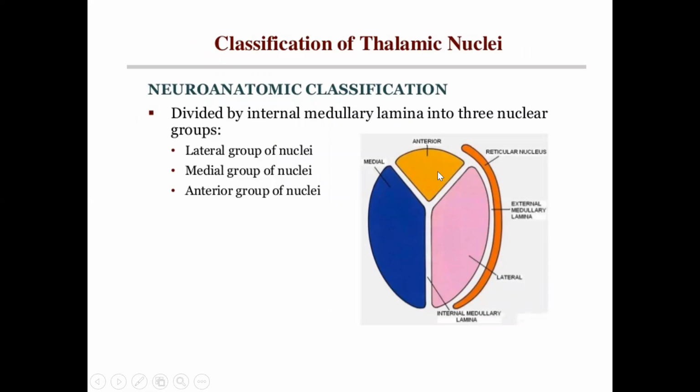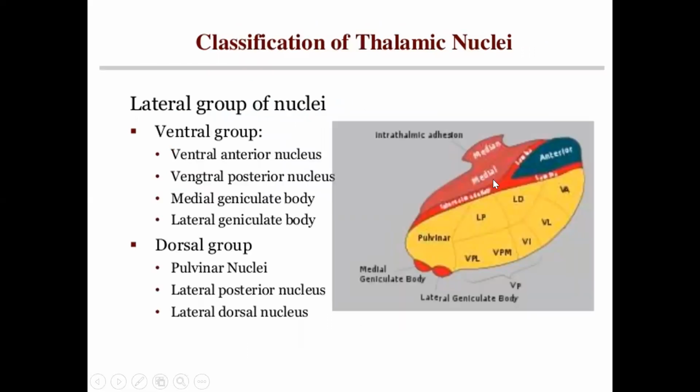So you can have this neuroanatomical classification. This is anterior, this is medial, and this is lateral. In the lateral group, ventroanterior, ventrolateral, then ventroposterior medial, ventroposterior lateral, and medial geniculate body and lateral geniculate body. Then in the dorsal part, the pulvinar group of nuclei, lateral posterior, and lateral dorsal.